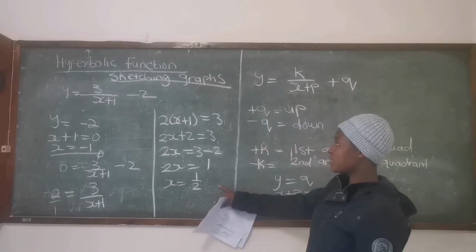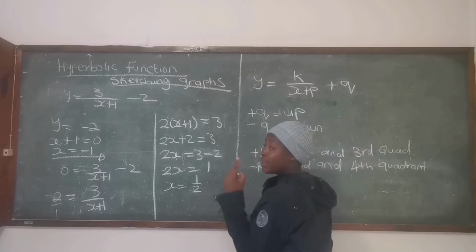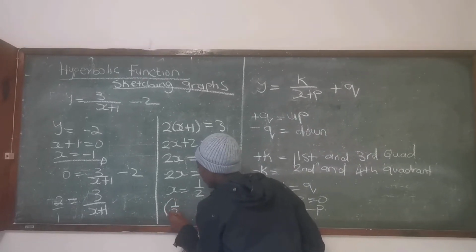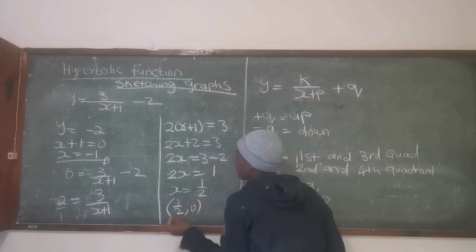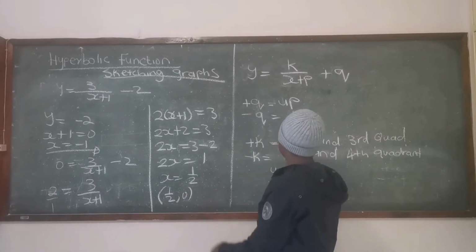Then this is our x-intercept. So let's write the coordinates of the x-intercept. Yeah, these are the coordinates of the x-intercept.